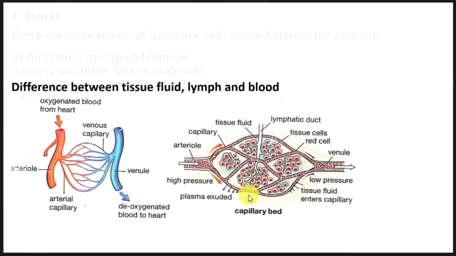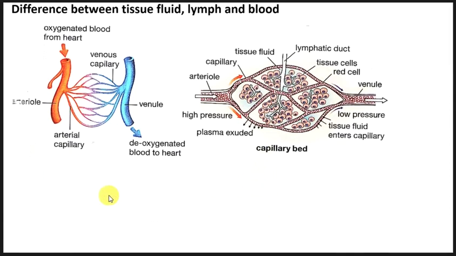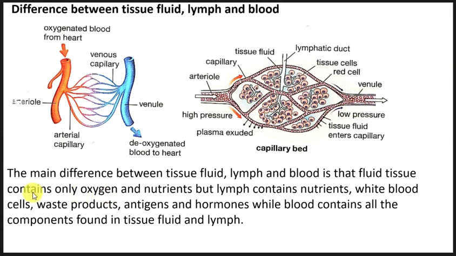Okay, so let's push this one up. Now, when it comes to some explanation, we are saying the main difference between tissue fluid, lymph, and blood is that tissue fluid contains oxygen and nutrients only, but lymph contains nutrients, white blood cells, waste products, antigens, and hormones, while blood contains all the components found in tissue fluid and lymph. So here we have explained.